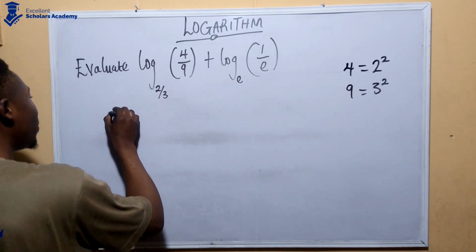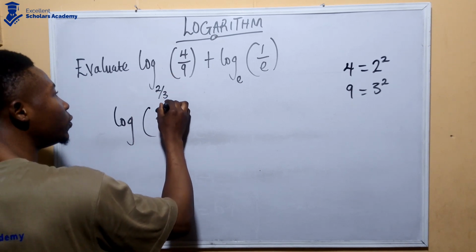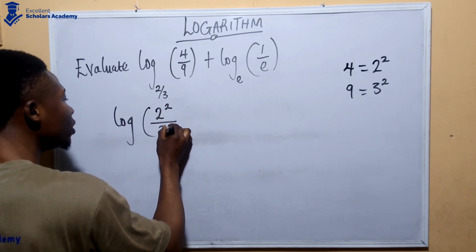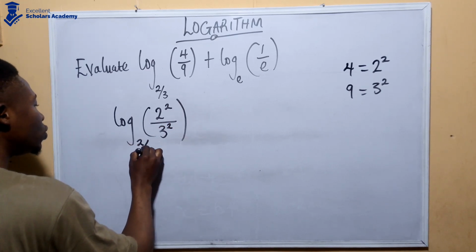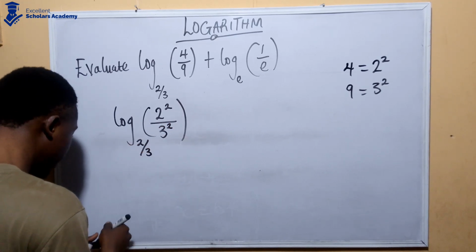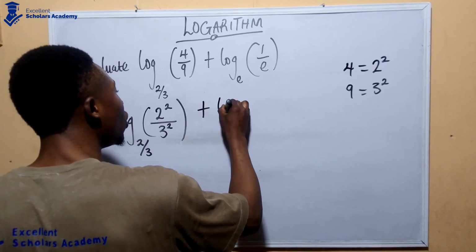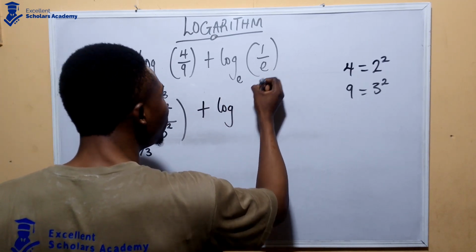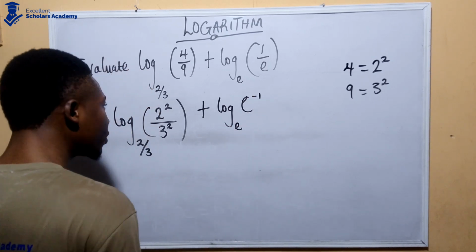So now what is going to happen? This becomes 2 to the power of 2 over 3 to the power of 2, and then you have it to base 2 over 3. So now let's continue. This becomes plus log, now 1 over e can also be written as e to the power of minus 1 base e.